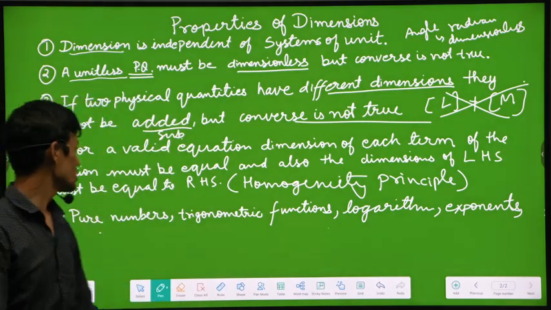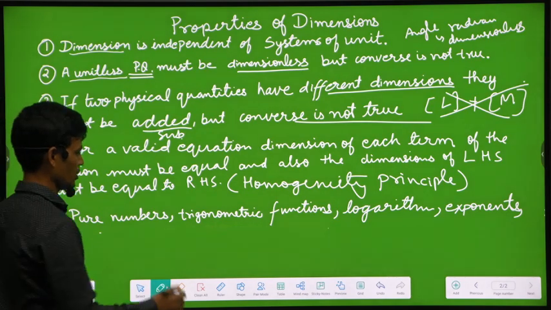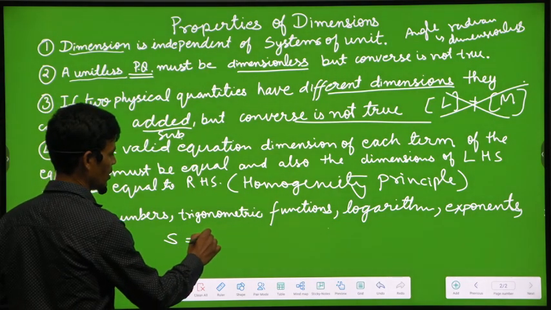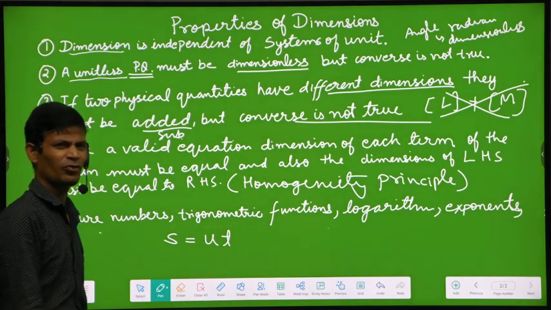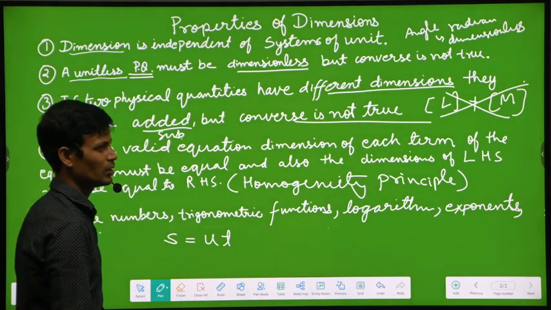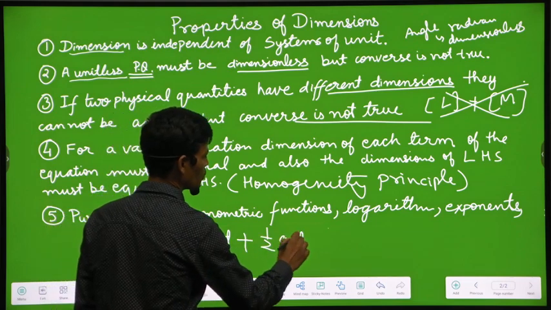So for a valid equation, I'm talking about this equation or any formula. Instead of formula we can use technical expression. So ut plus half at square.